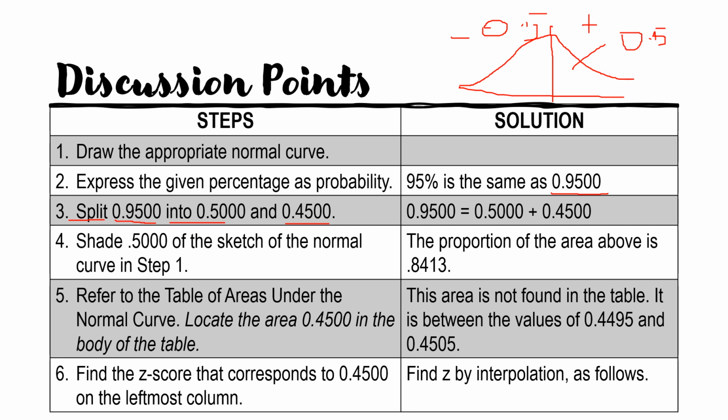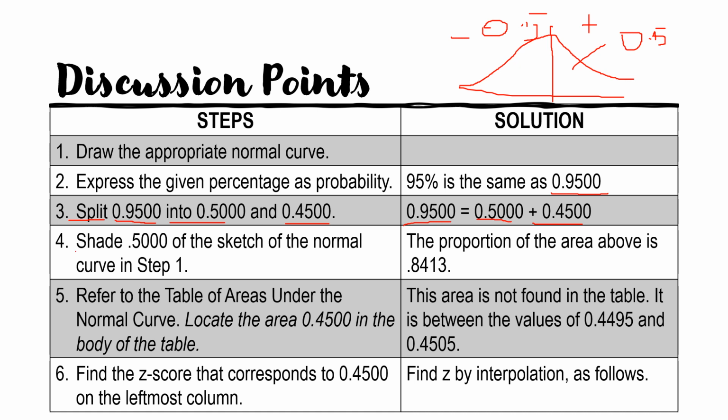So 0.95 is equal to 0.5 plus 0.45. We split this 0.95 into 0.5 and 0.45 because your 0.5 will represent the half of your total area under your normal curve.